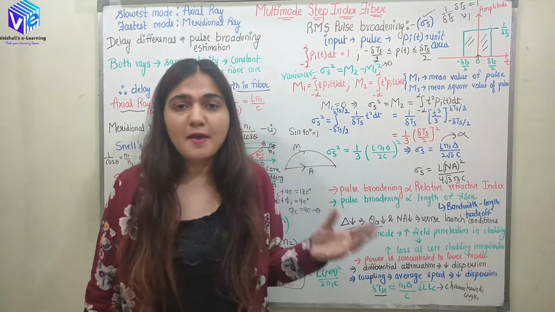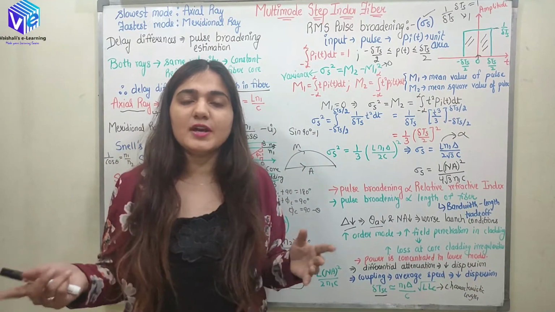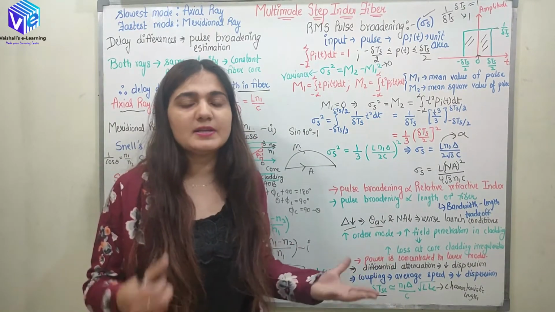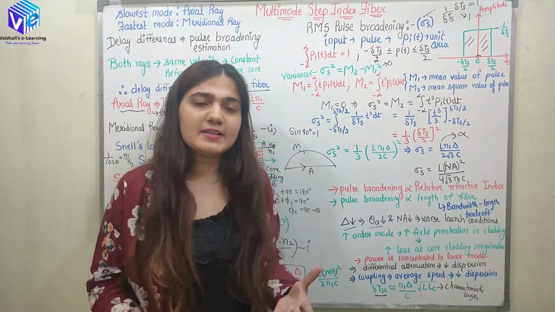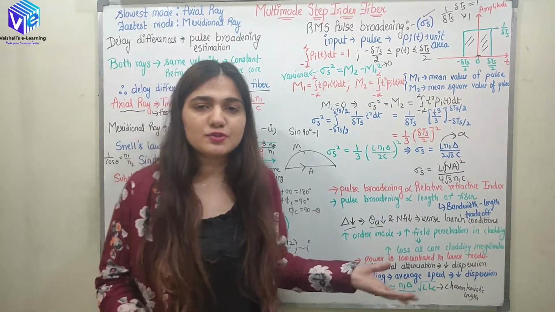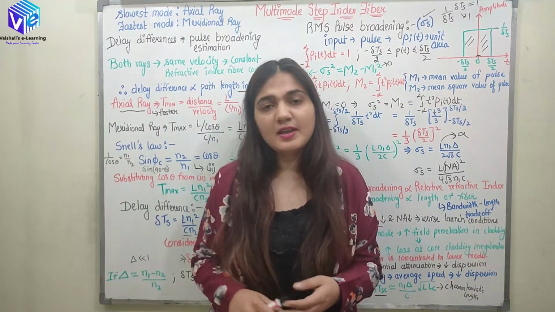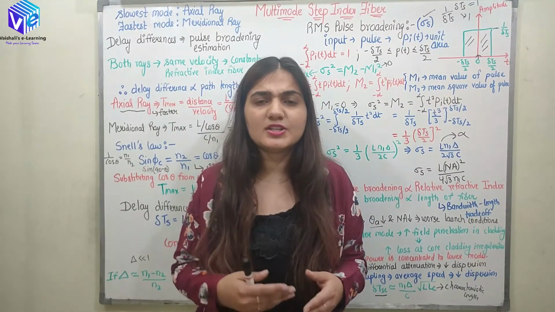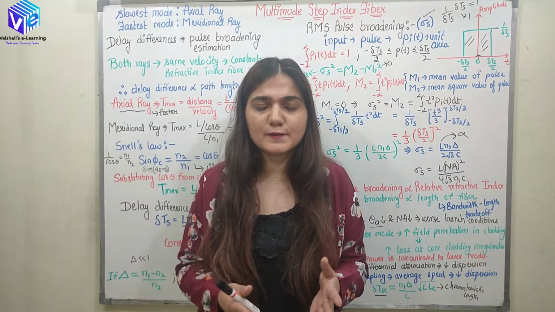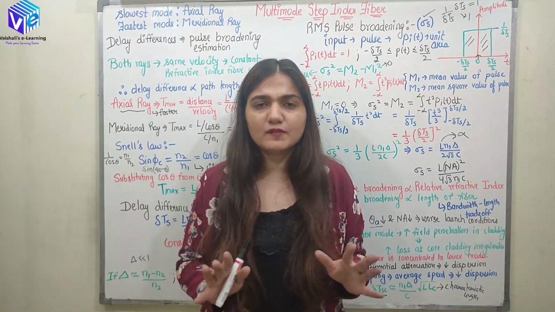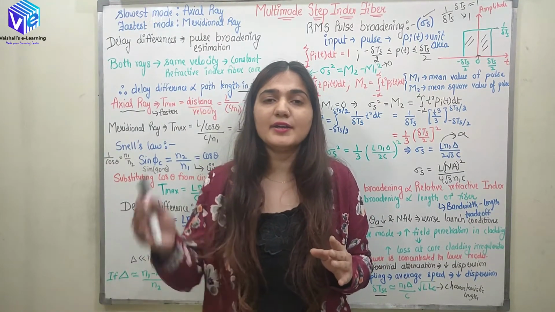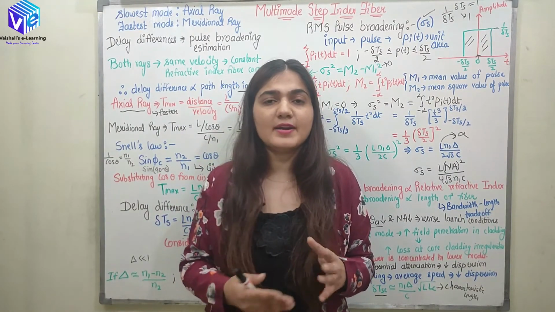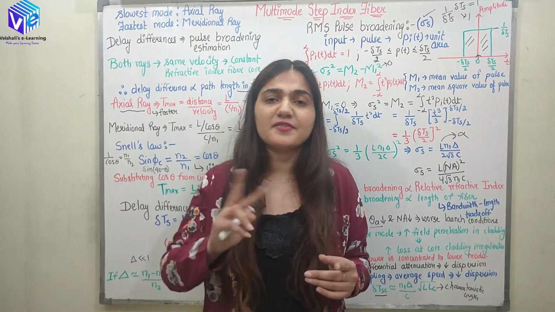Because it is depending upon the square root of the length in the coupling mode, when I have coupling inside the multi-mode step index fiber, it is going to reduce the effect of the dispersion. Further, as I told you at the initial time of this video, I can reduce the effect of the dispersion when the higher order modes are traveling at a faster speed, and the lower order modes, or the meridional and the axial ray, are traveling at different speeds.